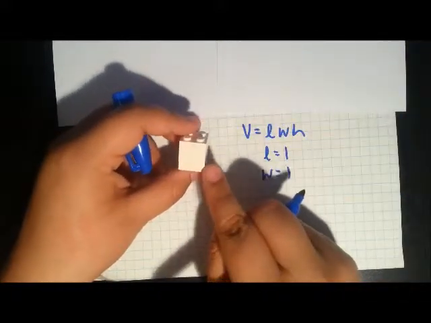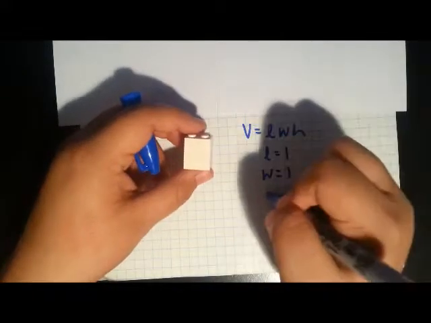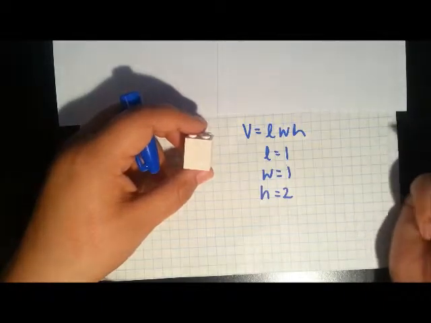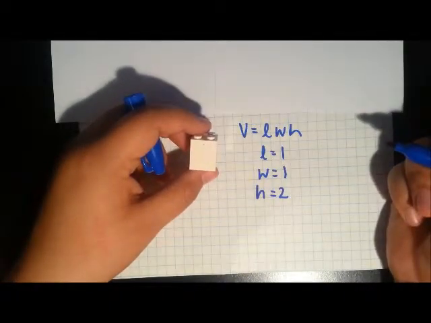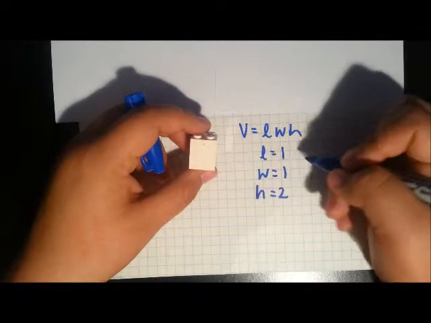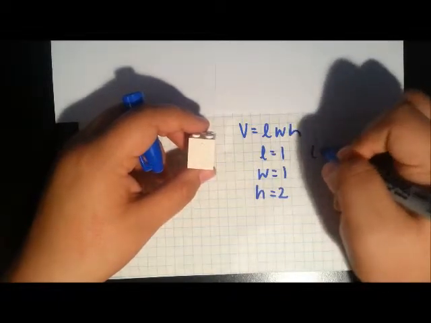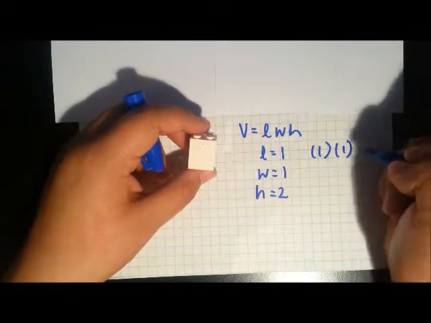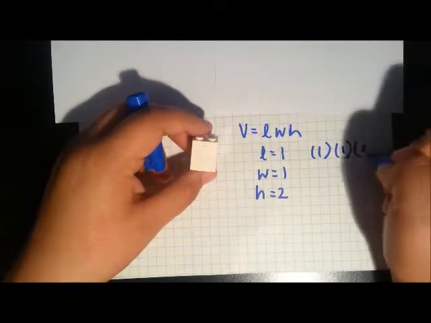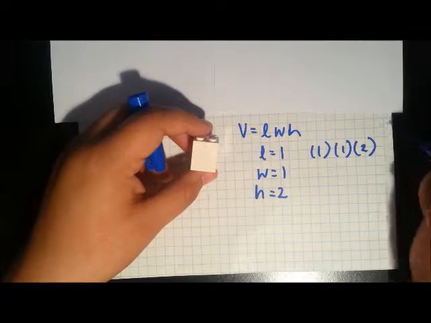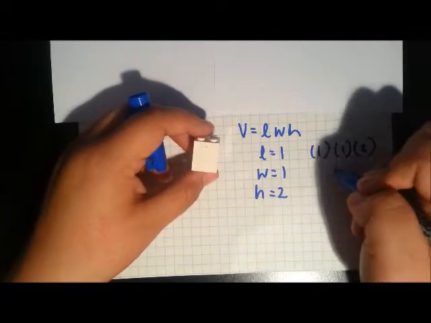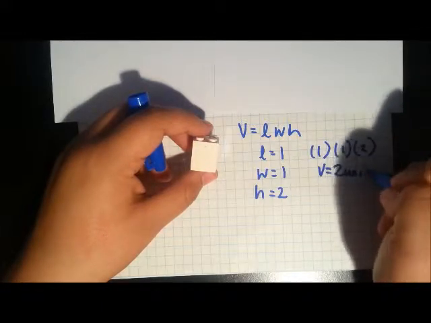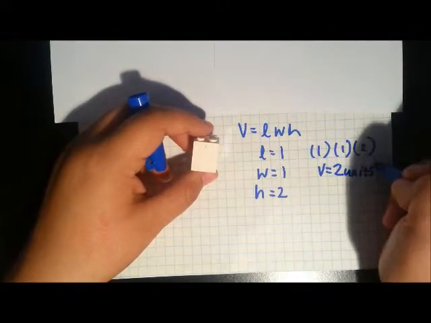And our height is equal to 1, 2. So we're going to multiply these 3. Our length is 1 times our width is 1, and times our height is 2. So 1 times 1 is 1, times 2 is 2. So volume is equal to 2 units cubed.